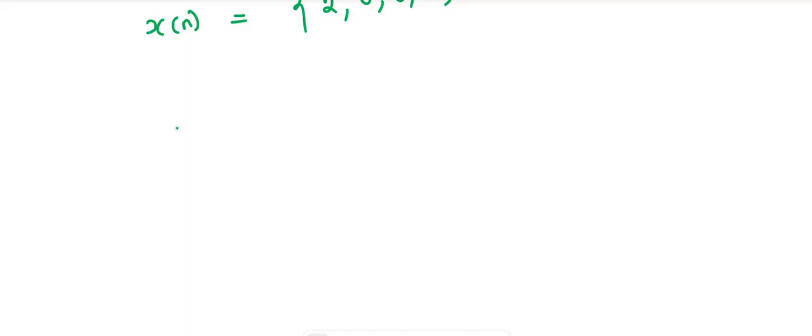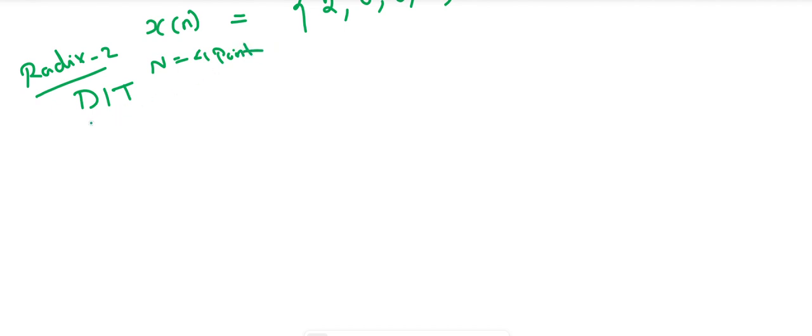We'll take one more problem. Decimation in time, that is radix 2 only. Radix 2, decimation in time, N is equal to 4 point, decimation in time FFT algorithm. So we'll take the values.